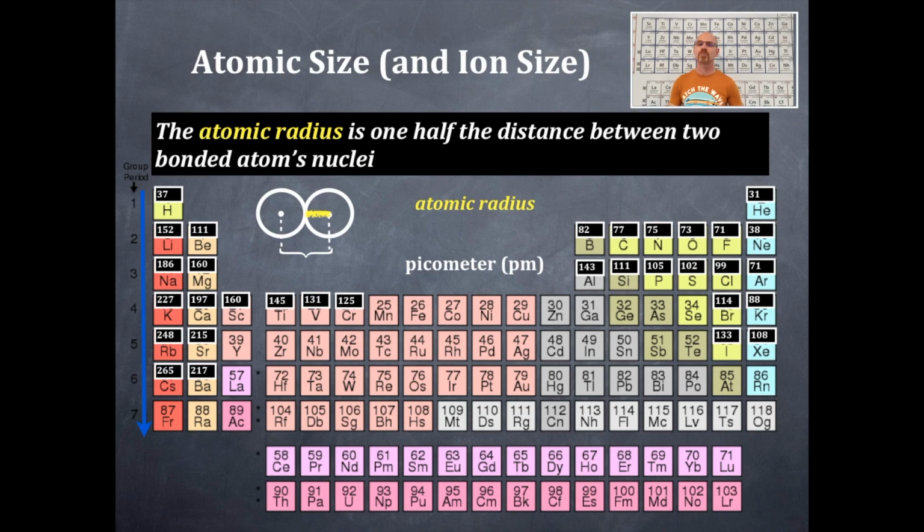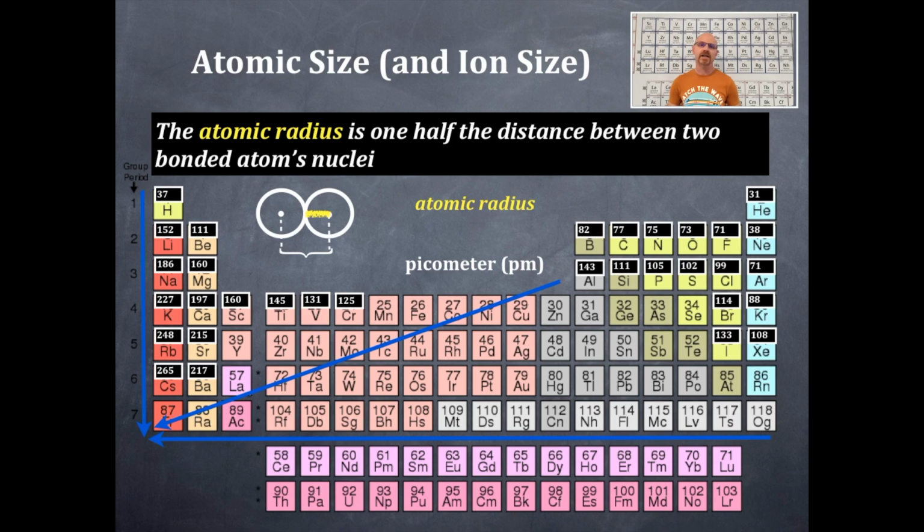And lithium is 152. You should see that as you go from the right to the left, as you follow this arrow right here, the size also increases. So the generic trend here is as you go down a group, the size increases, and as you go to the left across a period, the size increases, both increasing in size.